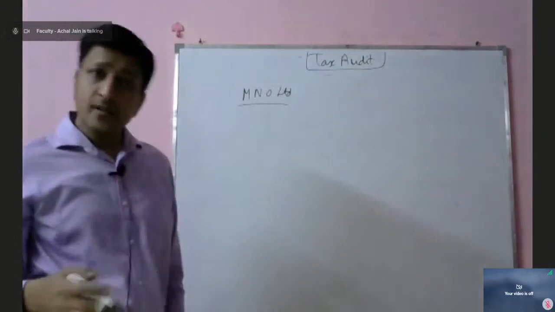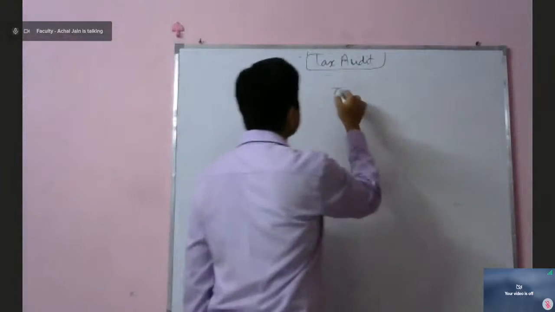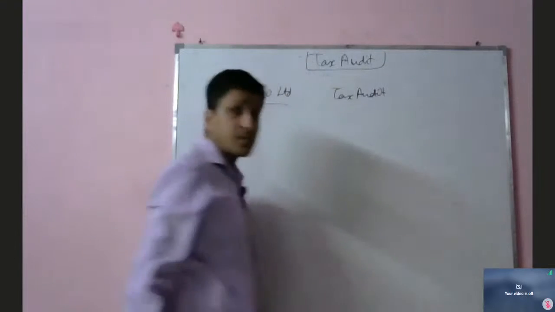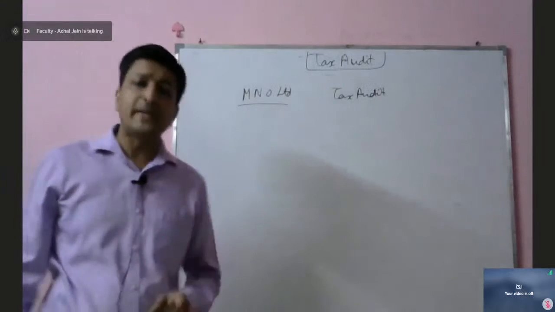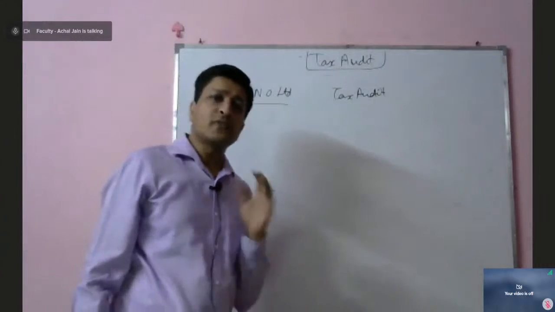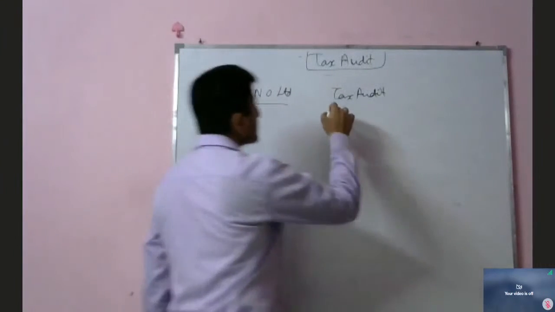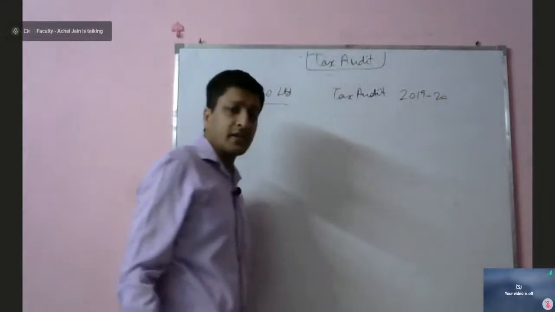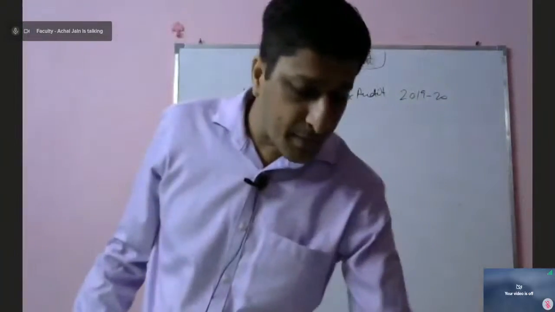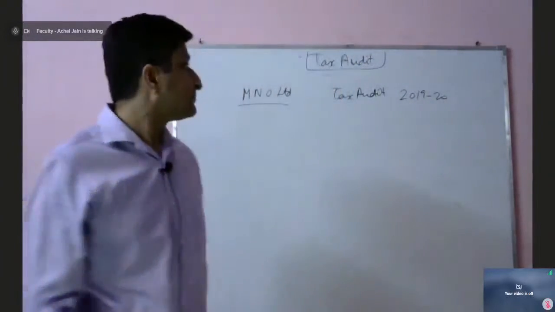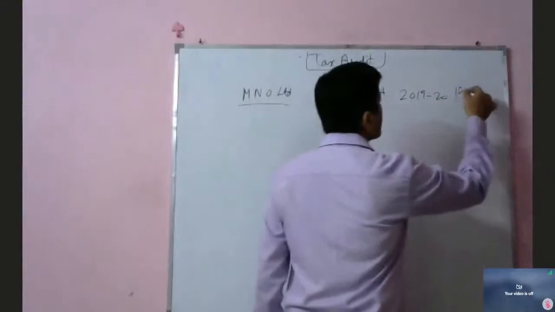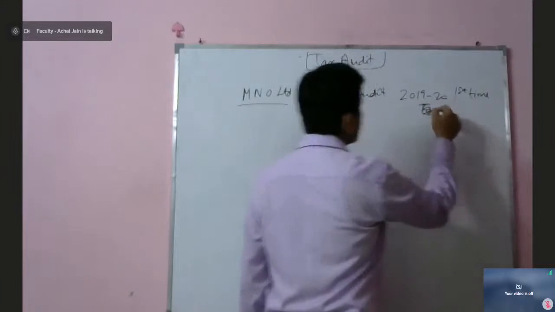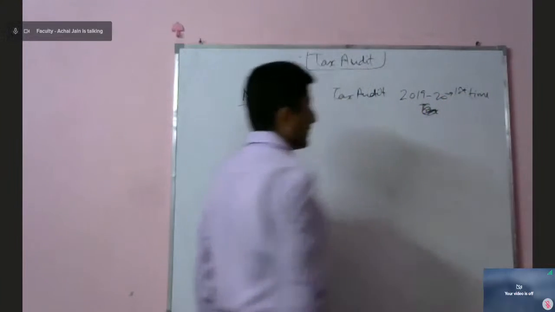This entity is subject to tax audit, and tax audit has become applicable on this entity for the first time. Say 2019-20 is the first year in which tax audit has become applicable to this entity.